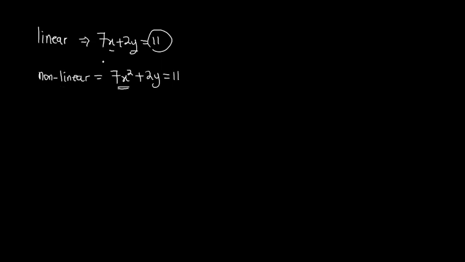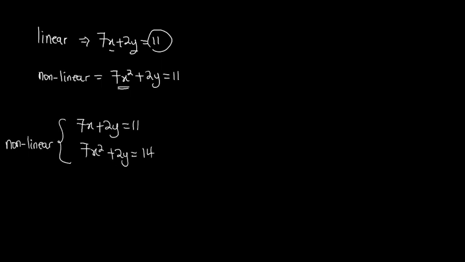So assuming we are given, let's say, 7x plus 2y is equal to 11 and 7x squared plus 2y is equal to, let's say, 14 as equations to solve. Because we are solving these two equations, it becomes a simultaneous equation, and it is a non-linear simultaneous equation.